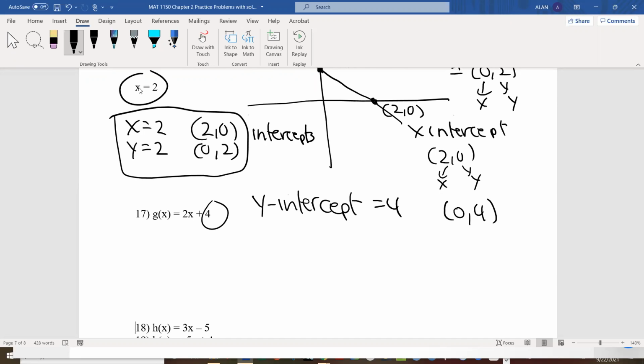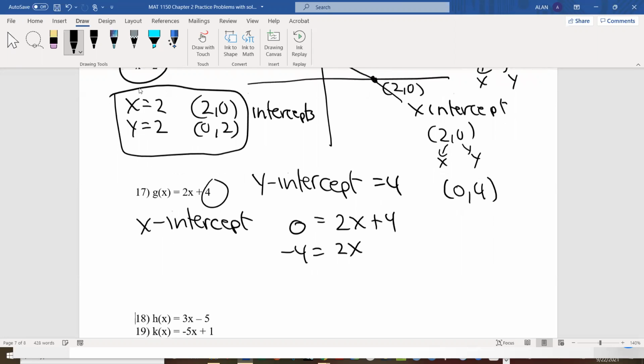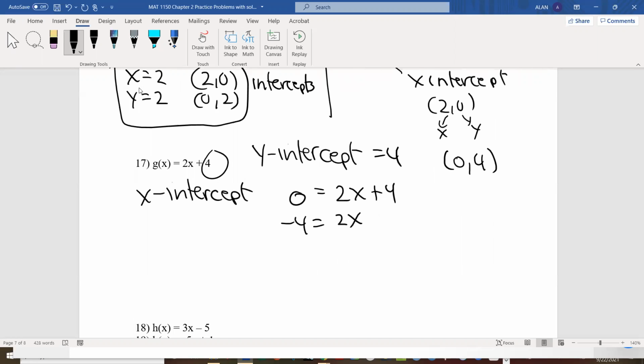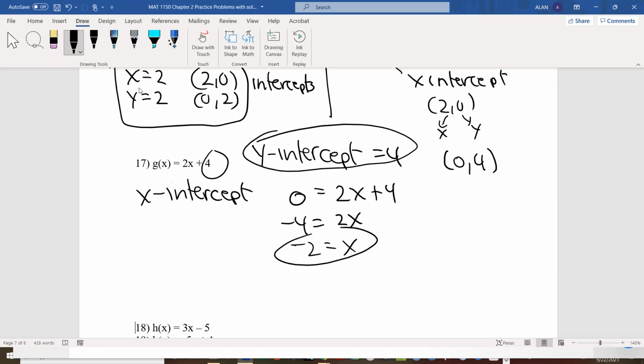How about the x-intercept? All right, so subtract 4 from both sides. We'll divide out the 2. Okay, so those are the intercepts.